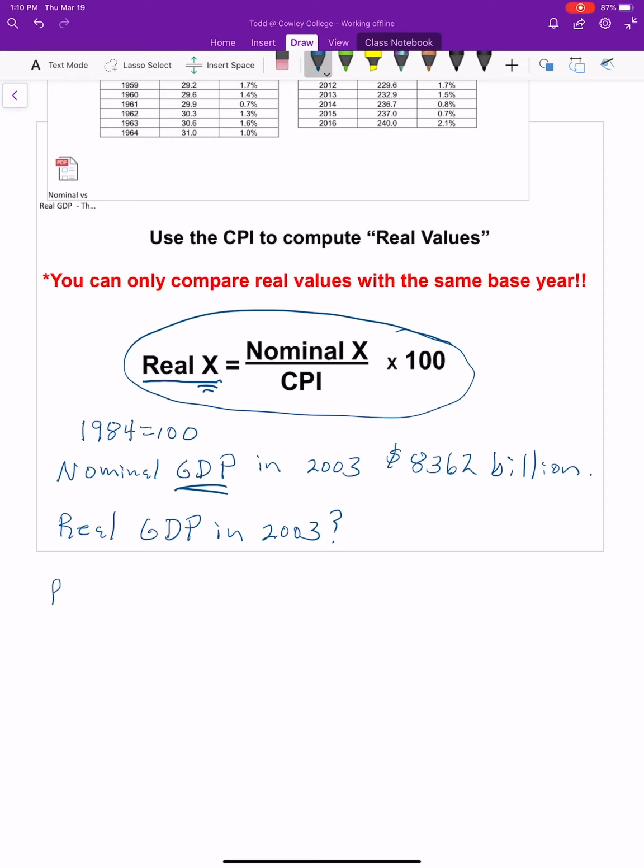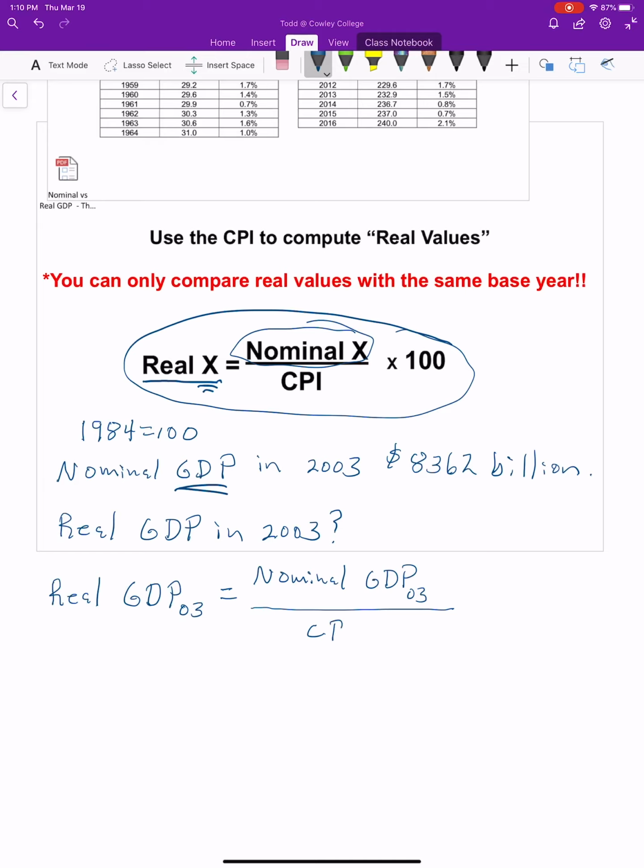So my equation will be real gross domestic product in the year 2003 is going to be equal to my nominal gross domestic product in 2003 divided by the appropriate consumer price index in 2003 multiplied by 100. So this is the very specific equation for this up here.